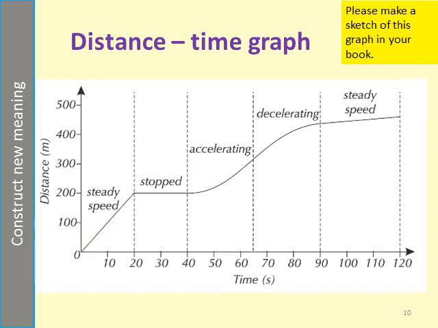I'd like you to pause this slideshow now and make a sketch of this graph in your book. And the important thing is to make sure you know what each section is showing you, because when we come on to do velocity time graphs, you'll have the same sections in the graph, but they will mean different things.